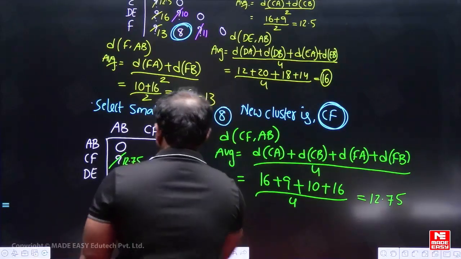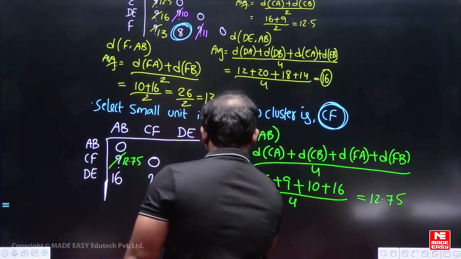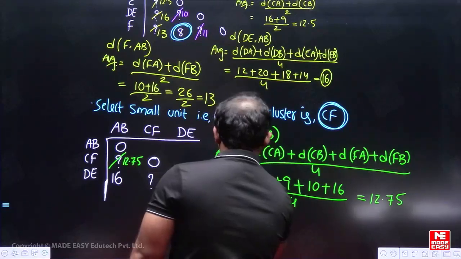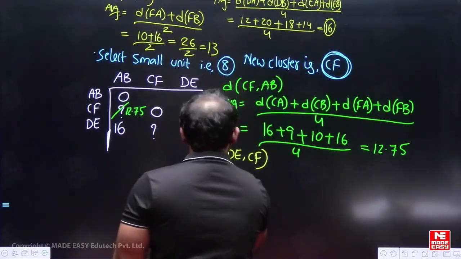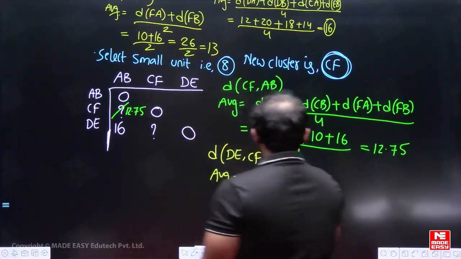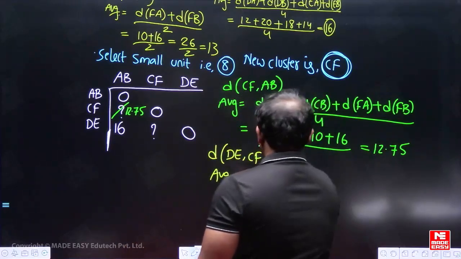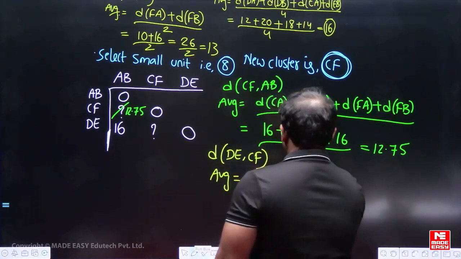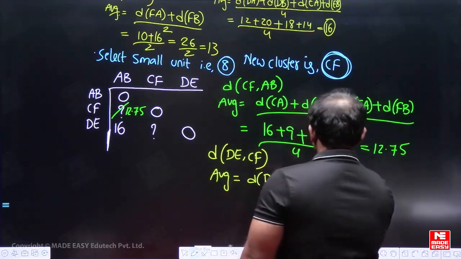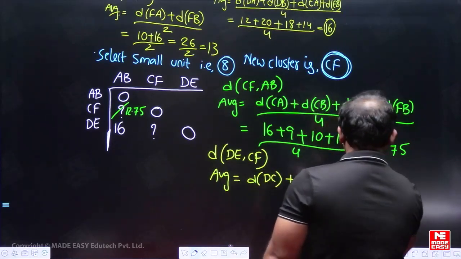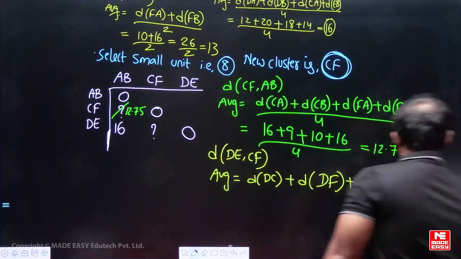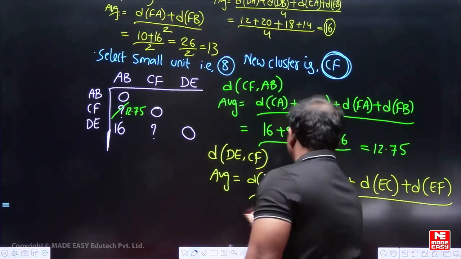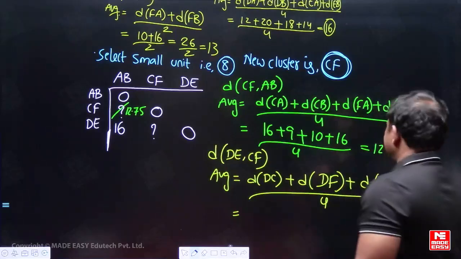Next, the DE-CF value. Distance between DE and CF. Now calculate the average. Average is equal to the sum of all the distances: distance between DC plus distance between DF plus distance between EC plus distance between EF, divided by the total number of pairs, which is 4. Now see this.